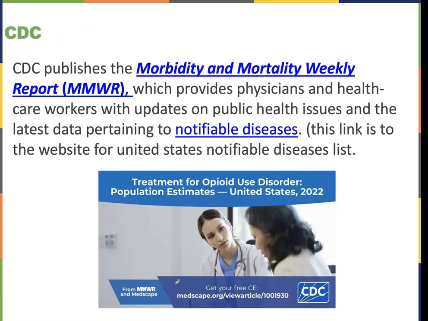So how the CDC would disseminate the information is they publish a weekly Morbidity and Mortality Weekly Report, fun reading, right? And it just provides people in the health field, physicians and healthcare workers, updates on the public health issues and tells them if there's any change with what notifiable diseases there are.